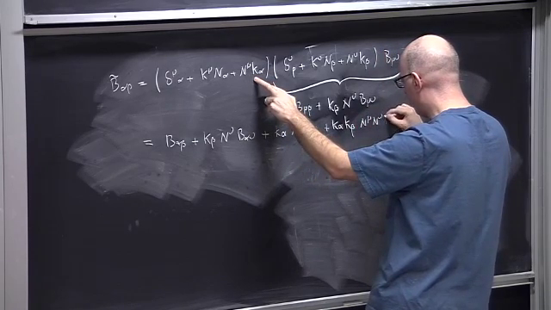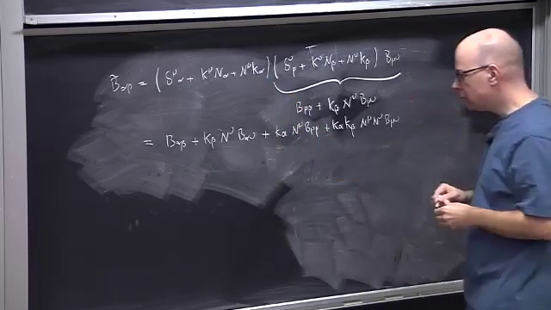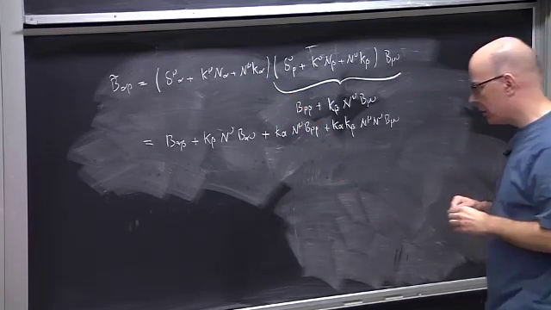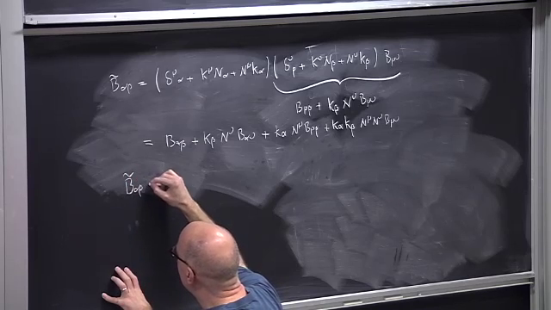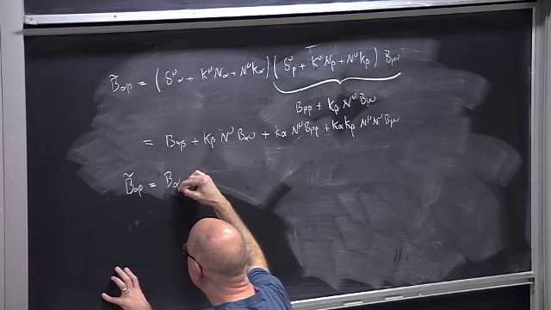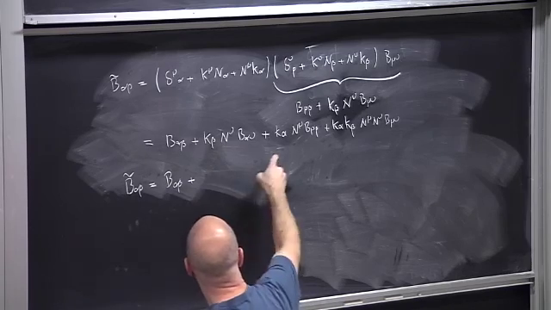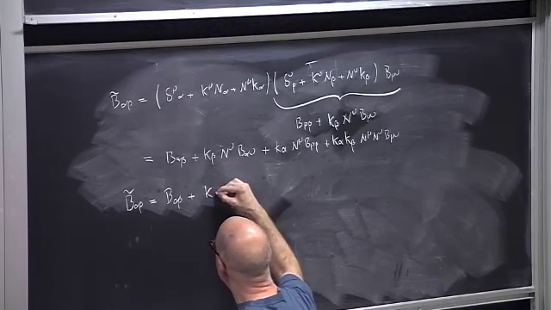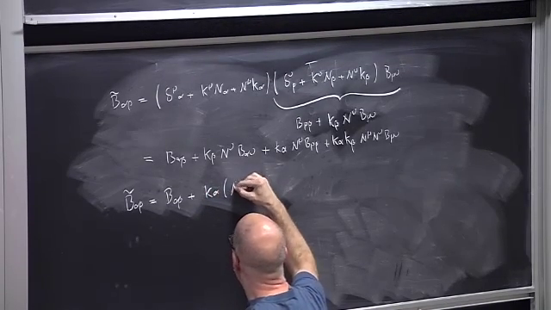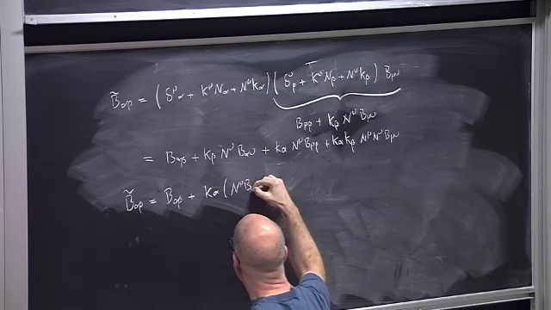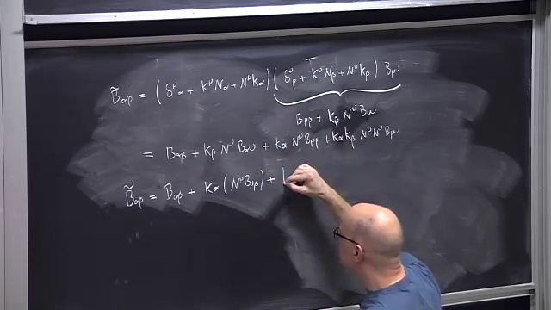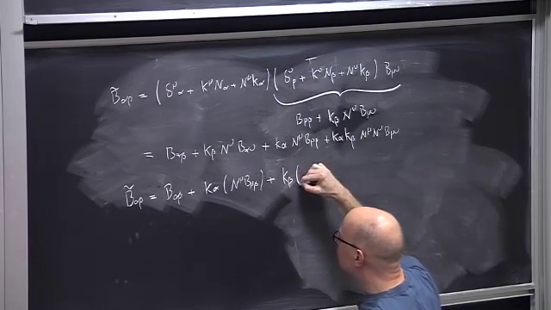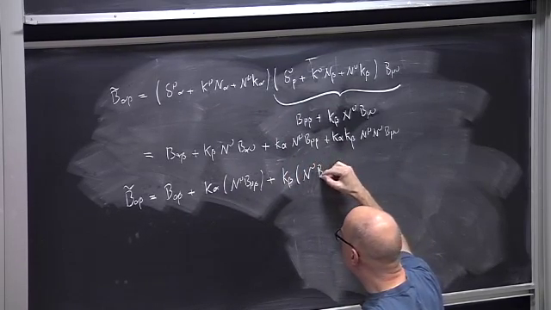The projected b is the original b plus a term in k alpha that multiplies n mu multiplying b. Then we have a term in k beta that multiplies n nu multiplying b. And finally, we have k alpha, k beta that multiplies n multiplying b.